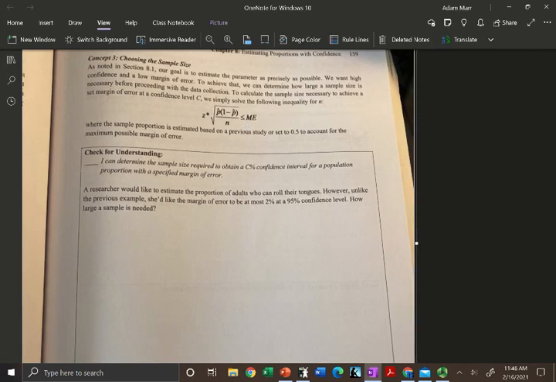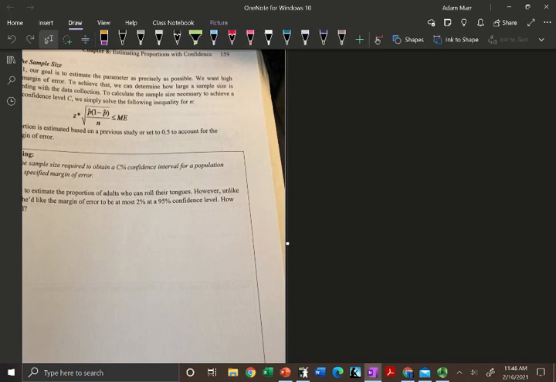And by the way, I wanted to explain that, remember, when we first talked about confidence intervals, what we have right here is a point estimate. In this case, it would be like your sample proportion, or it could be your sample mean.